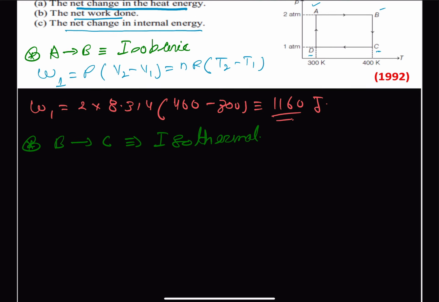Therefore we can write that the work done, suppose that is our W2, will be equal to nR times temperature at C and log of V2 by V1, and V2 by V1 we can replace by P2 by P1.